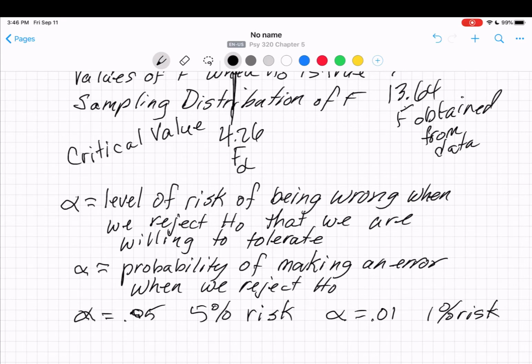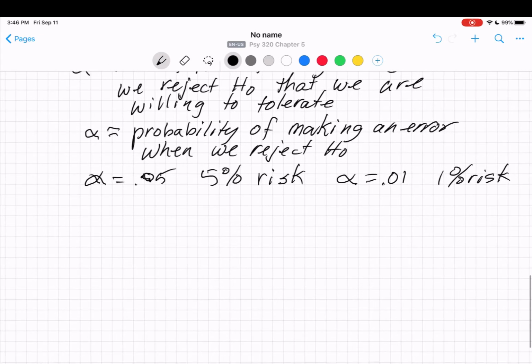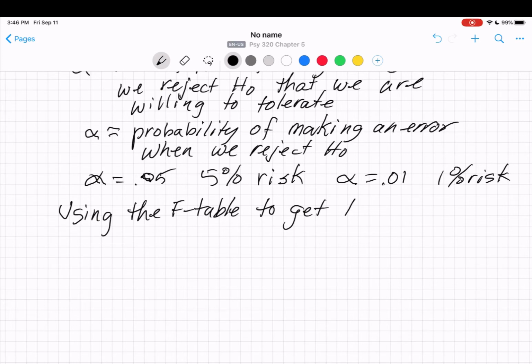Okay, so using the F table to get our F alpha, or critical value.